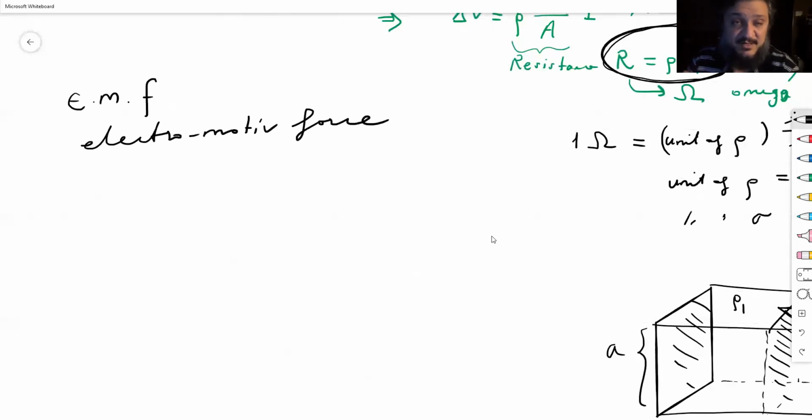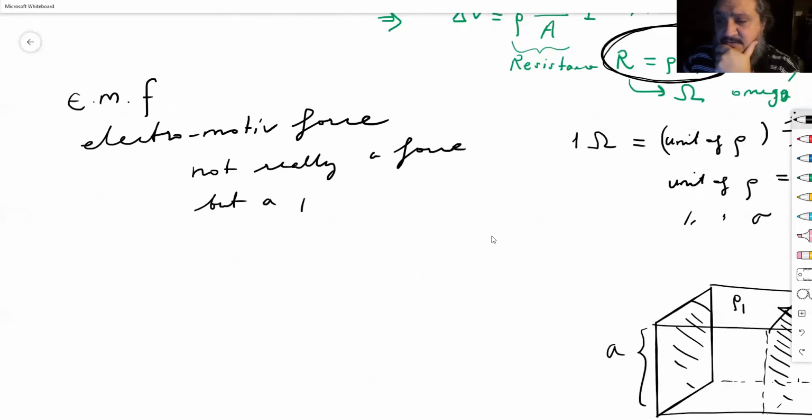It's not really a force. What it actually is, is a potential difference. It's just a historical name. It's not a force, but a potential difference, measured in volts.